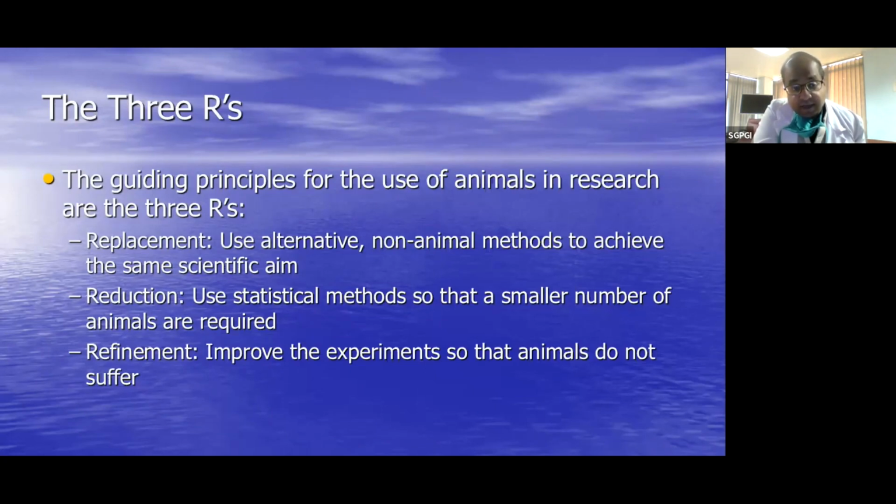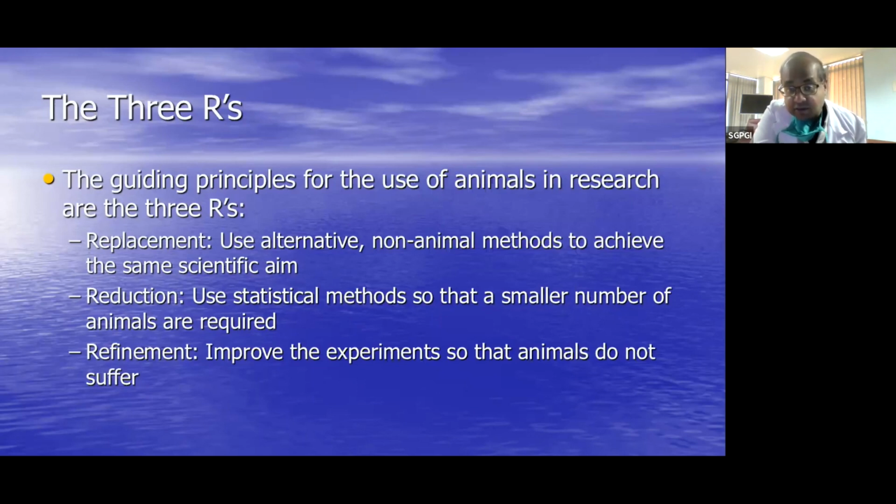The three R's: replacement. If there is truly a need to do animal work, you should do it. But if there are ways in which it can be done in silico or through computer modeling, there should be a justification to do that, and it should be promoted. If you really need an animal, then definitely you have to do animal work.